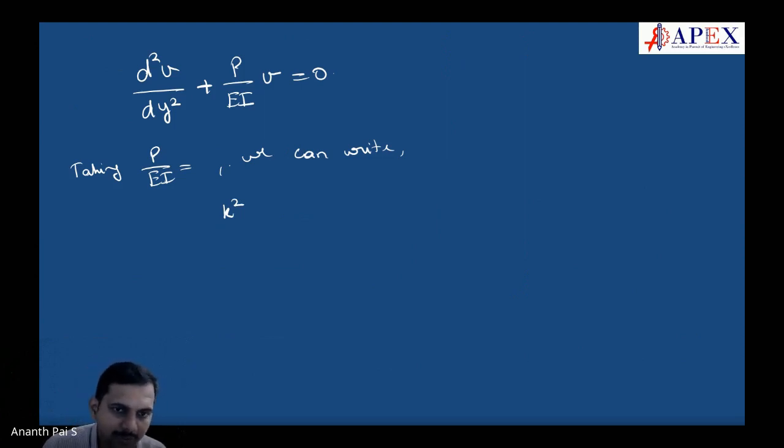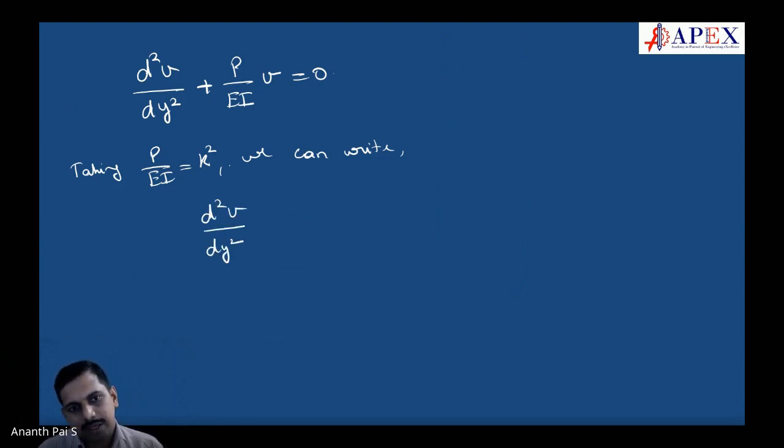Let us write it k square instead of k. Then we can write d square v by dy square plus k square v is equal to 0. Correct. Now we have to solve this differential equation, right?